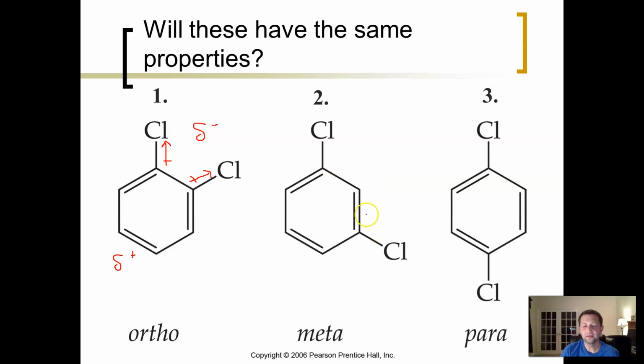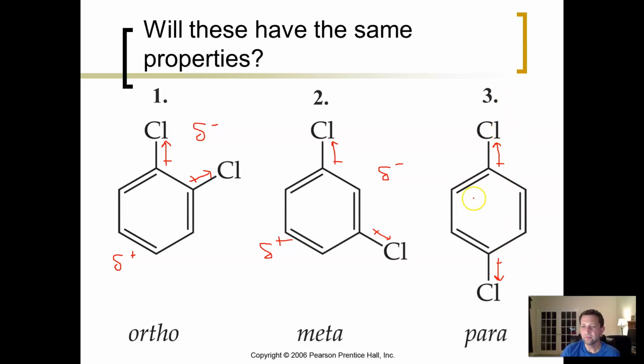This one will be a little bit less polar, but you still have a dipole arrow here, dipole arrow here. So you're going to have your partial negative and your partial positive. But over here, it's a different story, right? So you have dipole arrow up, dipole arrow down. Okay, so they kind of cancel out, right?